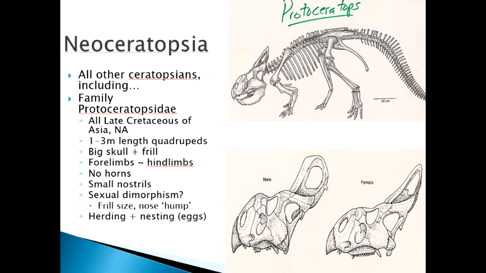You'll have usually more robust males and more gracile, or fragile, or smaller females. So you can see the two pictures here. Perhaps one of the things that these are famous for is the fact that Roy Chapman Andrews, remember we talked about him, the Beloit paleontologist, swashbuckler, is one of the persons that helped discover these things in herds, but also nests with eggs.